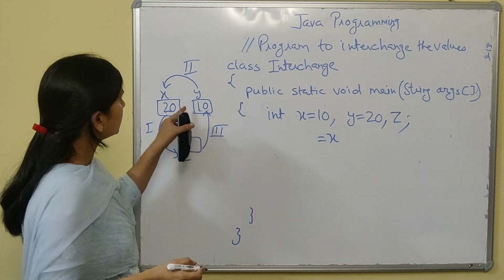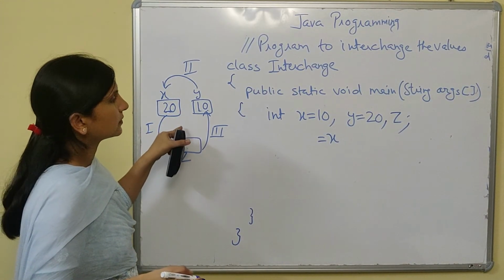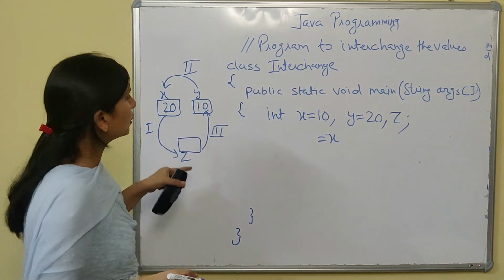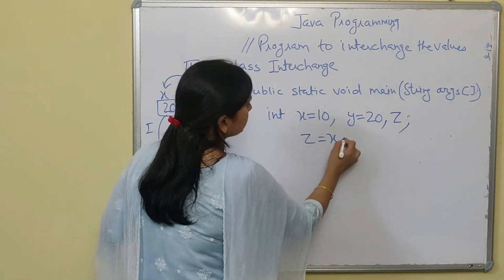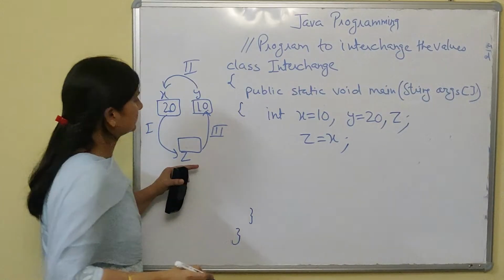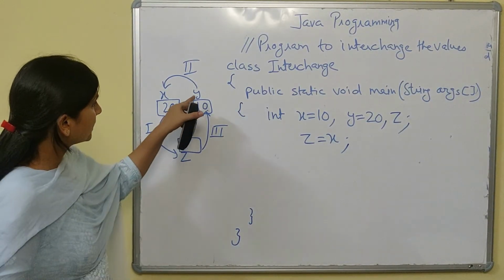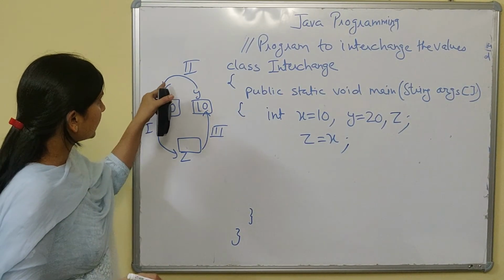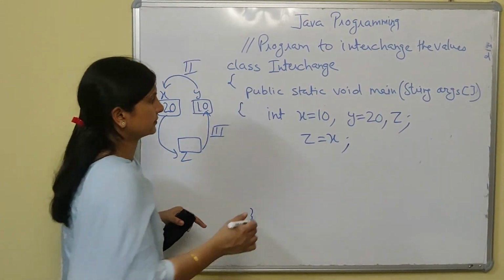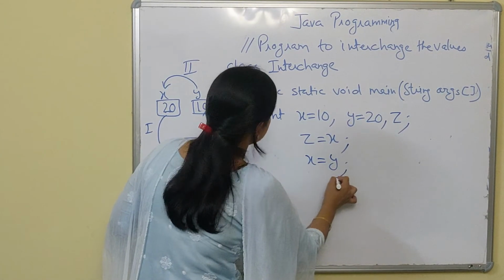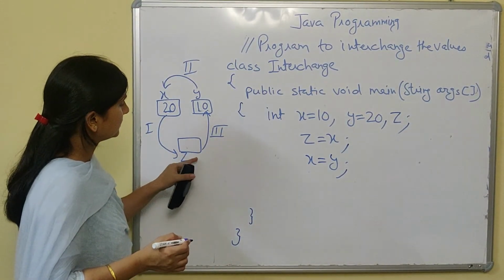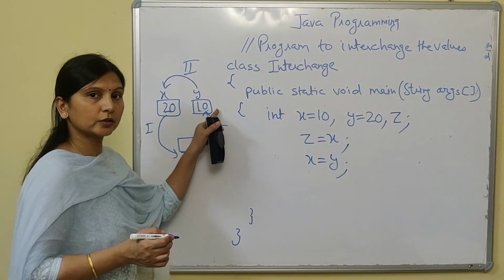Now what we have done? We have assigned the value of x into z. Second step, we have assigned y into x. Third step, value of z into y.